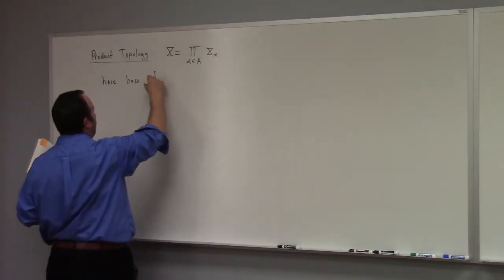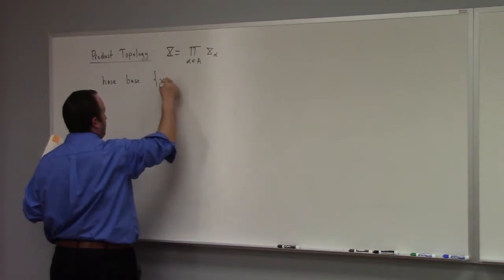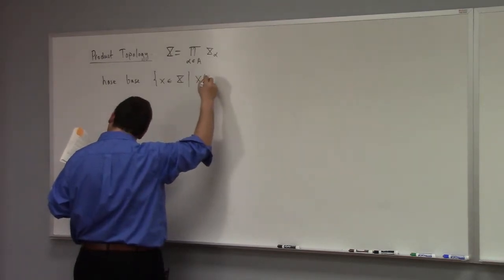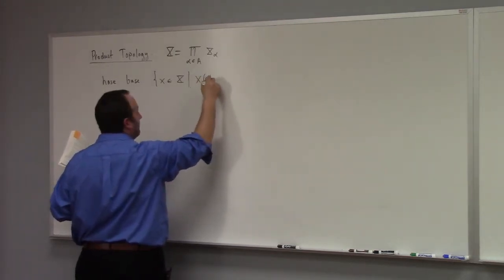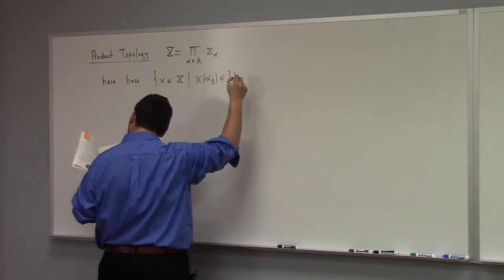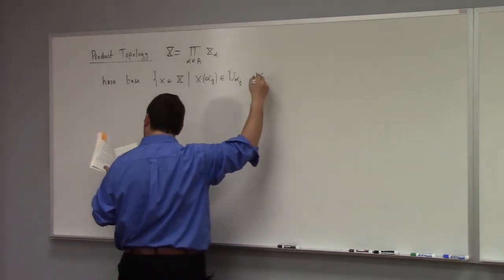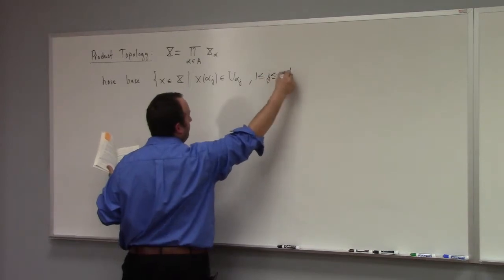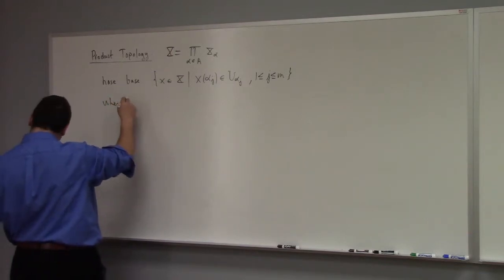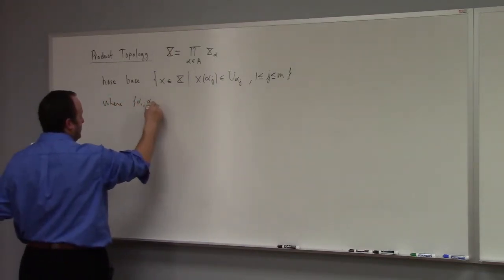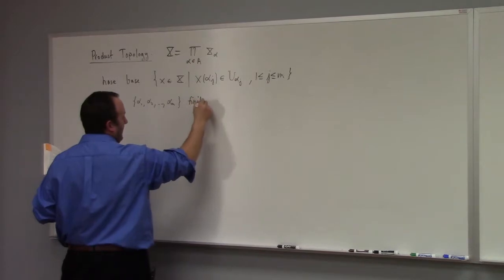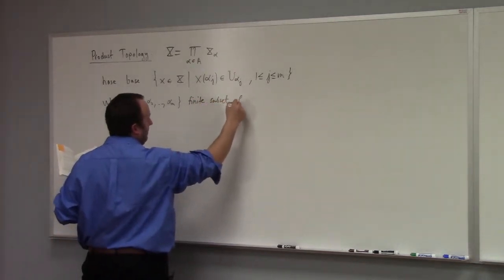Sets of the form U, such that x alpha j are in U alpha j for 1 less than or equal to j less than or equal to m, where alpha 1, alpha 2 to alpha m is a finite subset of the index set A.